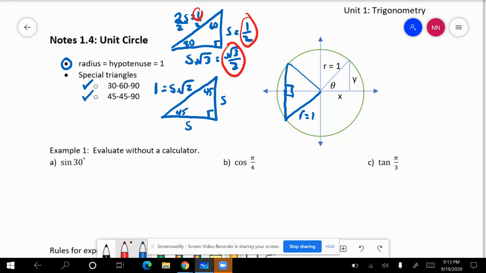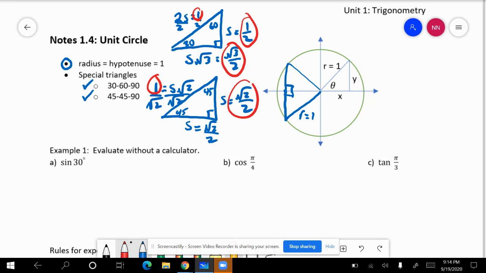Now with the 45, 45, 90, in order to get the S by itself, we divide by rad 2. When we rationalize, we get rad 2 over 2. So that means that with a 45, 45, 90 triangle, the two sides that we work with are rad 2 over 2 and 1.